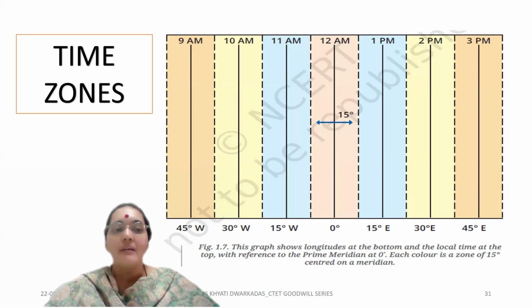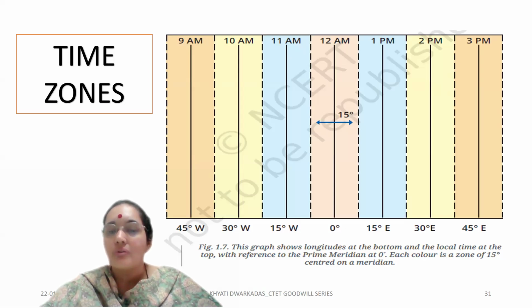Then we have time zones. Now, this is a graph showing you all the longitudes, and we must keep in mind that the time zones of different longitudes will be different.